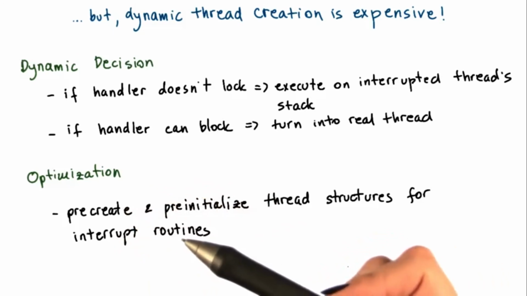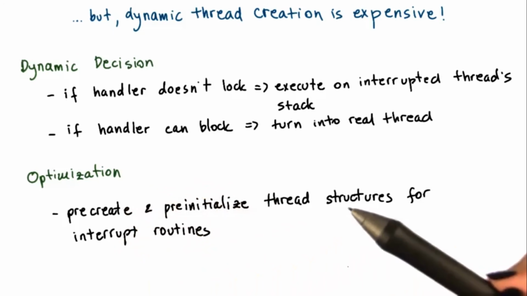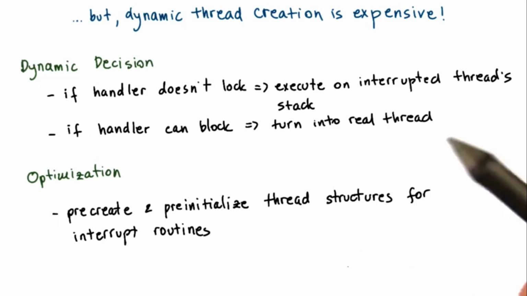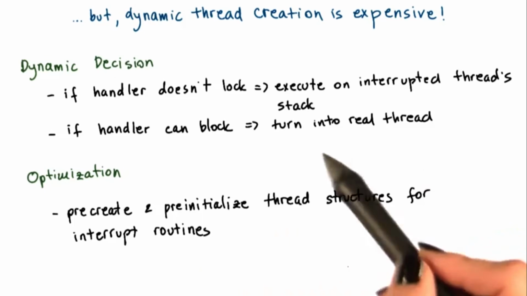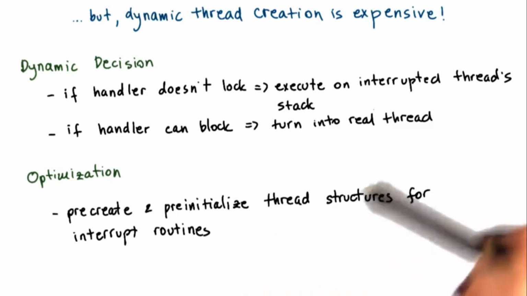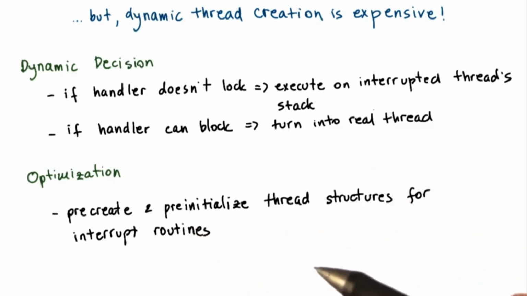It will initialize those data structures so that they point to the appropriate place in the interrupt handling routine, so that any interrupt internal data is appropriately allocated, and similar types of activities. As a result, the creation of a thread is removed from the fast path of the interrupt processing. So we don't pay that cost when an interrupt actually occurs, and therefore the interrupt handling time can be significantly sped up.